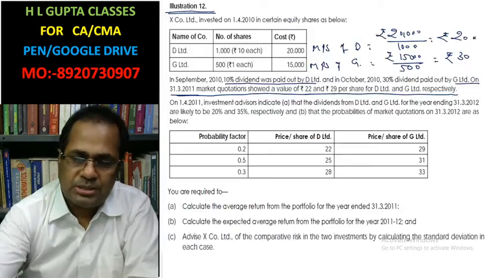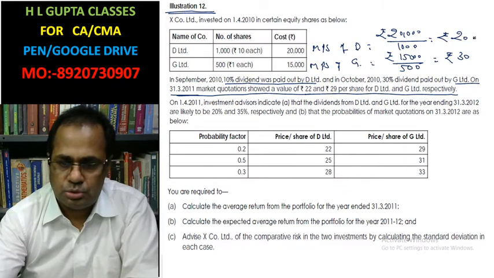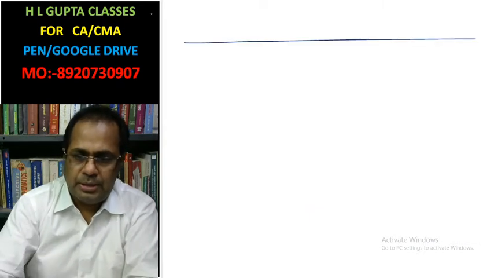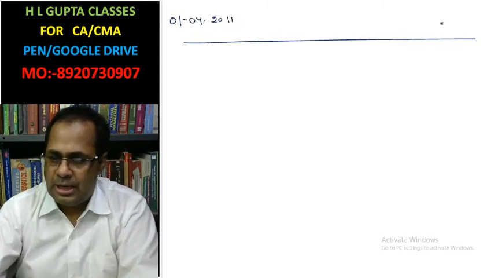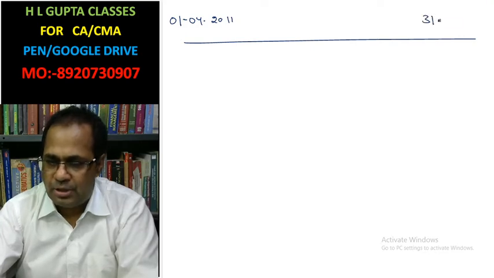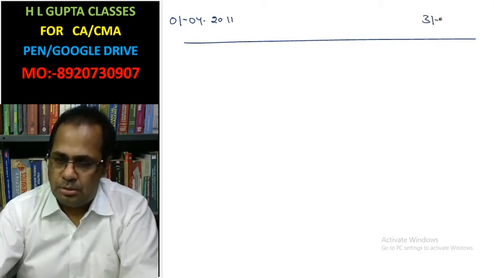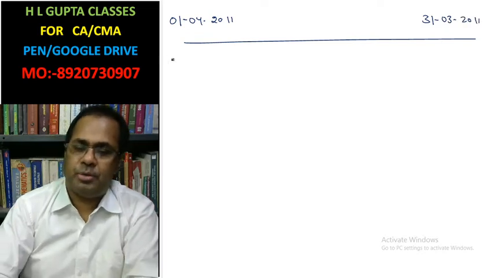What is the period first? 01/04/2010 to 31/03/2011. This is the period of 1 year.